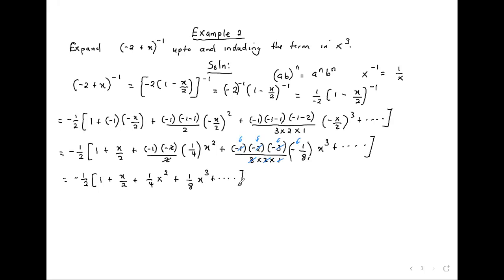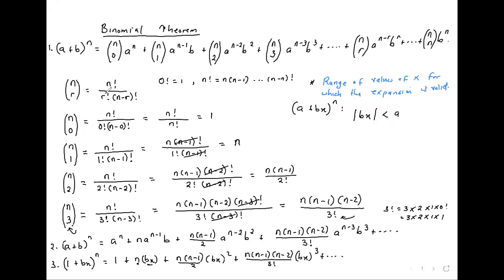So the key thing is we always want to assimilate. We want this to look like the easiest expansion that we have, expansion number 3, where our first term is 1 plus the other part. We don't care what the other part becomes, for as long as the first term is 1. It becomes easy for us to expand because we're just substituting the second part and the n.